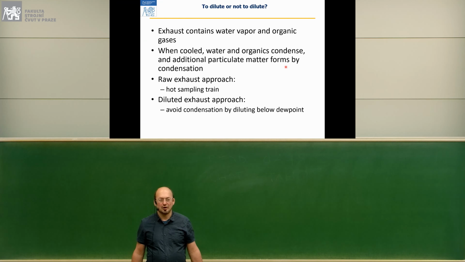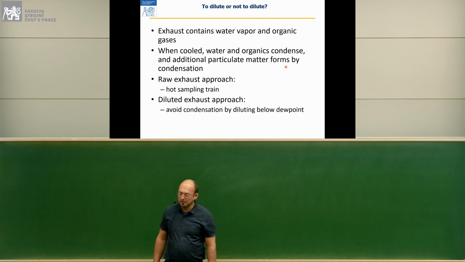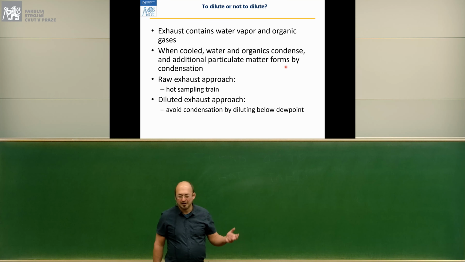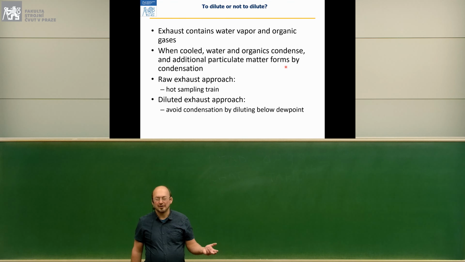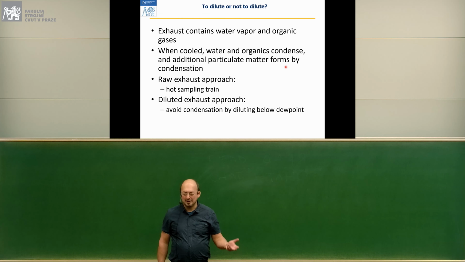The exhaust is hot, so the water stays in the vapor phase. But as soon as you cool down that exhaust, the water starts condensing. If you look outside on a cold day with relatively high humidity, you can see white vapor coming from vehicle tailpipes.